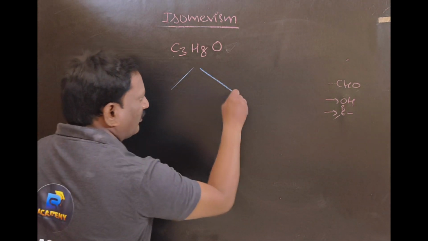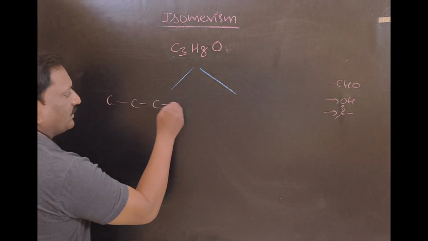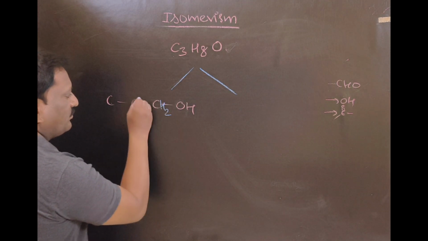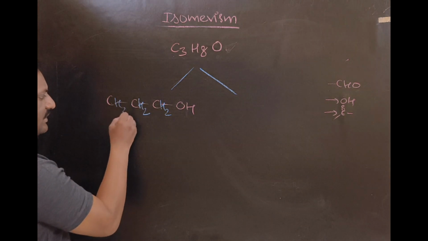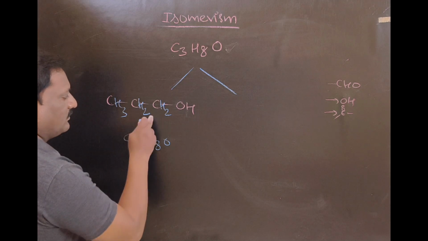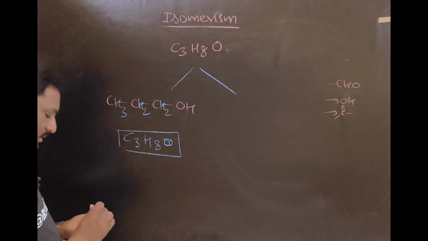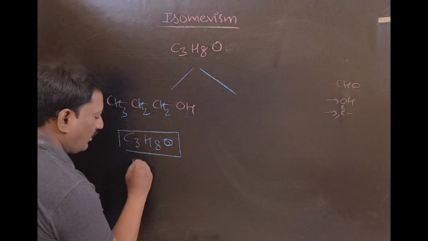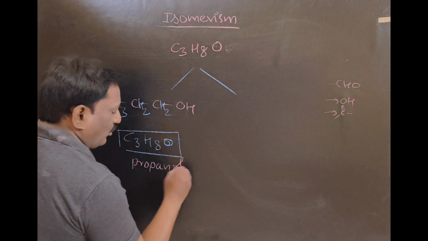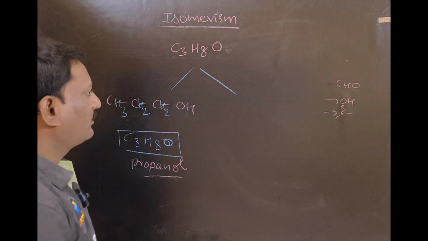So let me draw the alcohol structure. C3, 1, 2, 3, OH, CH2, CH2, CH3. Chemical formula C3H8O. This is called propanol, 1-propanol.